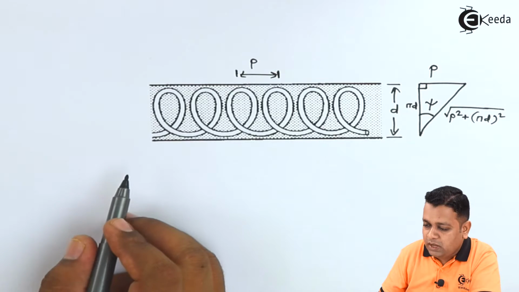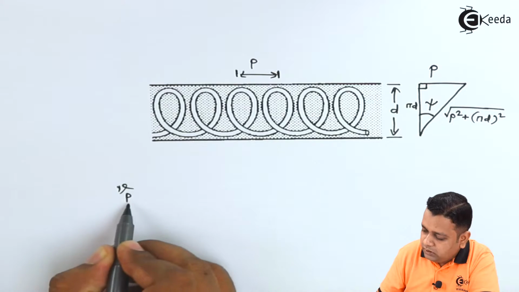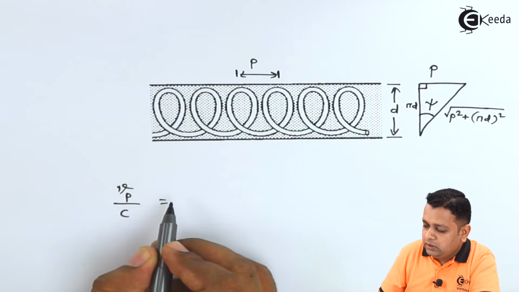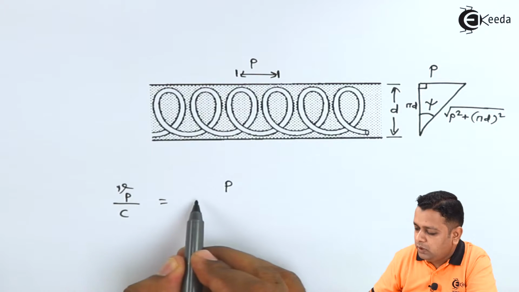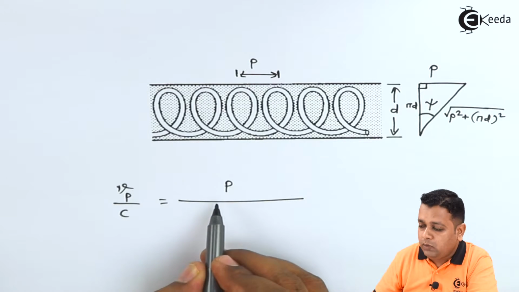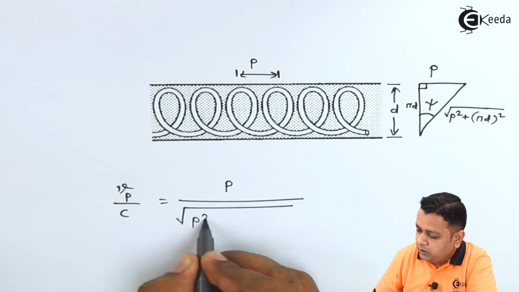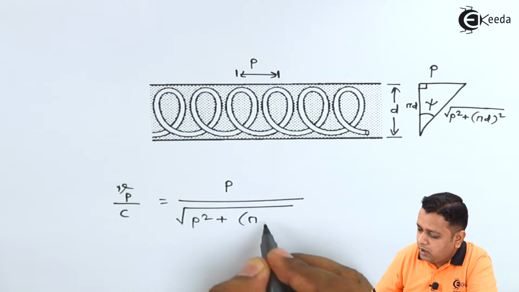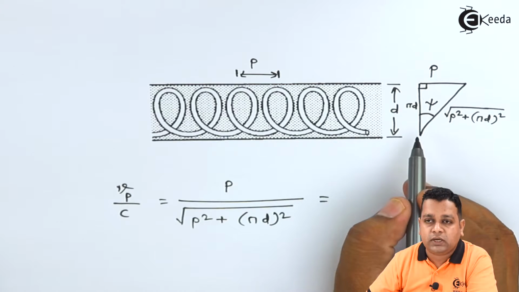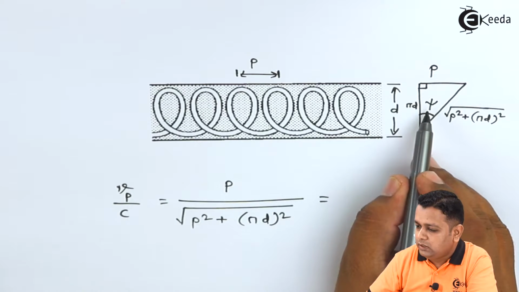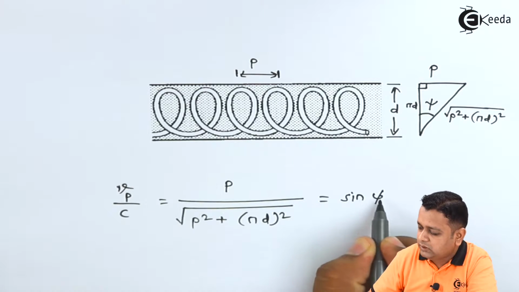We can represent it mathematically as v suffix p divided by c, given by p, the pitch, in the numerator, divided by, in the denominator, the square root of p square added with pi d square. As we see in the geometry of this triangle, this is the angle psi, so this ratio can be denoted as sin psi.